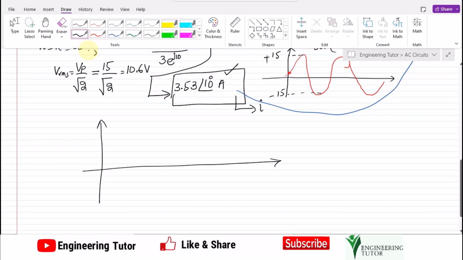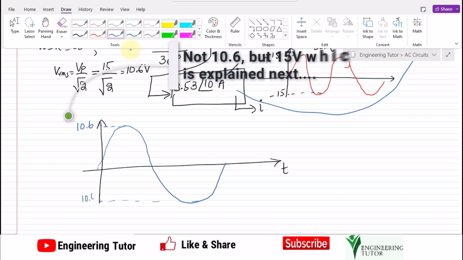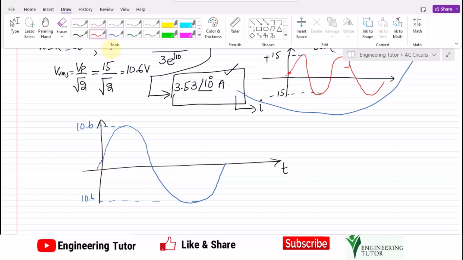So if we have this axis here, this is the time axis, and I am going to plot the voltage with this blue. For the voltage it was 10.6, with the phase angle of 10 degrees, and the current here is with this one, and they are in phase and plotted here.